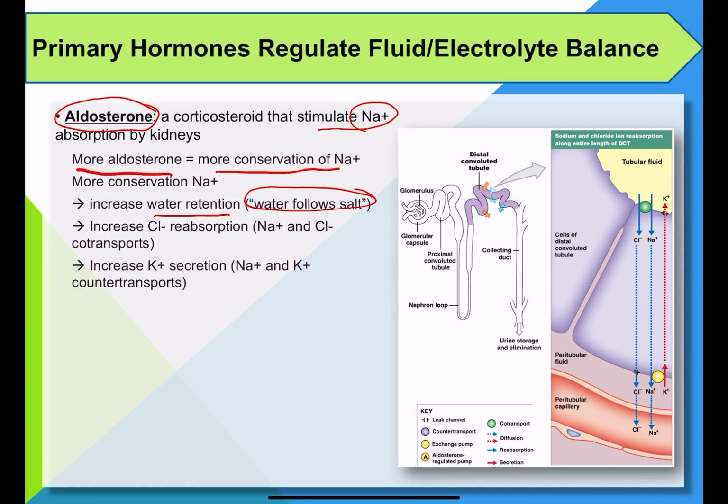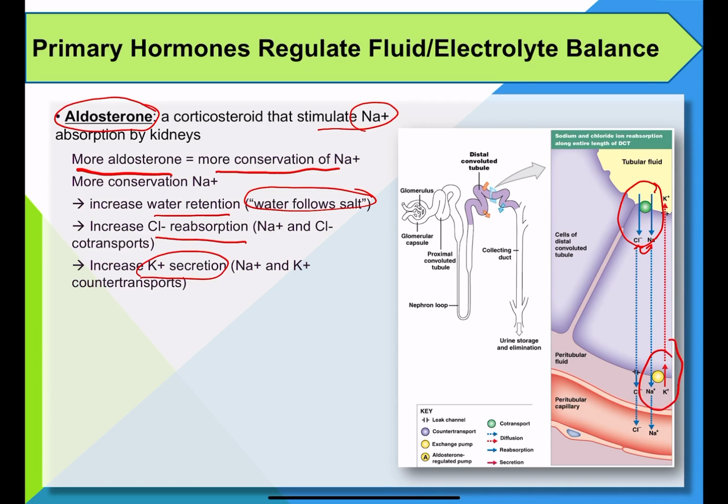Second thing, you will increase chloride reabsorption as well, chloride ion, because sodium and chloride participate in co-transport, as we can see here and have already discussed in the urinary system. Okay, so the more sodium ions reabsorbing, the more chloride ions we will be reabsorbing as well. And of course, we can't forget our infamous potassium ions, which works in counter transport with sodium ions.